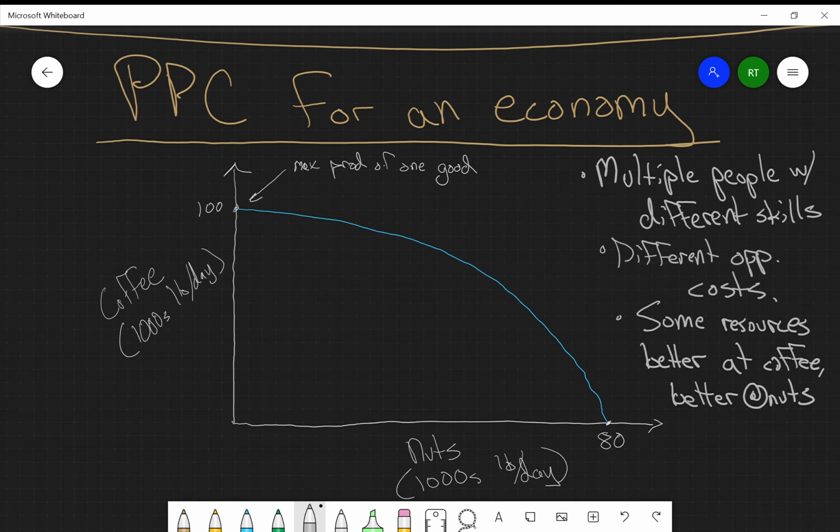to any nth degree, right? So if we are already at the point where we are producing 90 and 30 pounds of nuts per day, if we wanted to go ahead and produce 95,000 pounds of coffee, we would have to give up 10,000.